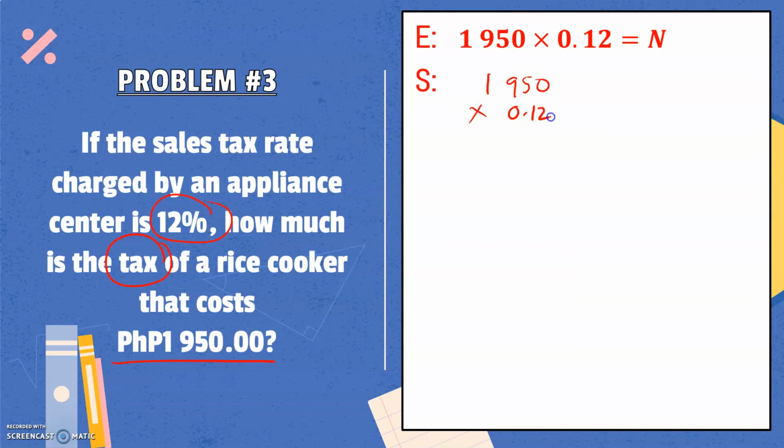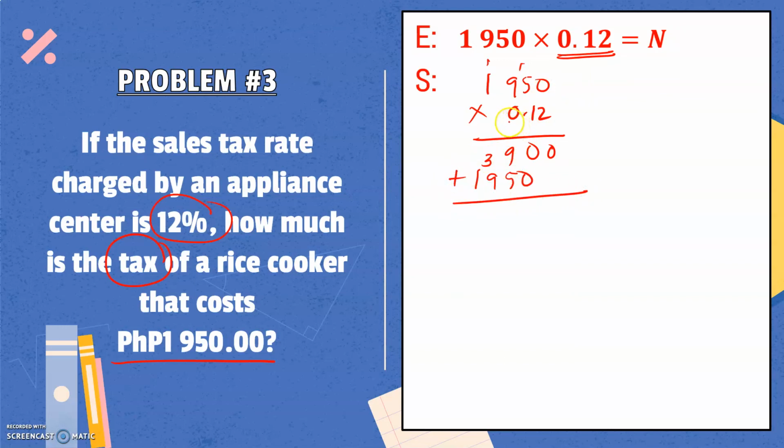Again, 0.12 is 12% in decimals. 2 times 0 is 0, 2 times 5 is 10, 2 times 9 is 18, plus 1, that's 19. 2 times 1 is 2, plus 1, that's 3. Then 1 times 1,950 is 1,950.